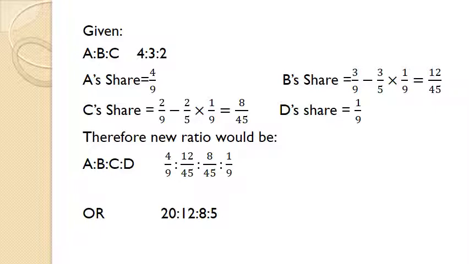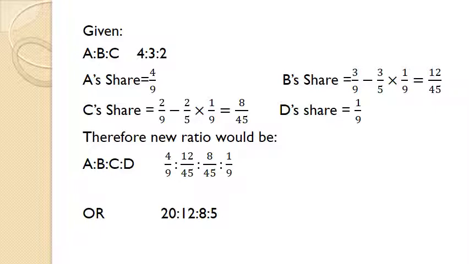As D has 1 by 9 share with itself, the amount of share that B is providing would be 3 by 5 of 1 by 9. So the remaining share after its contribution to D's share, we can calculate by subtracting 3 by 5 of 1 by 9 from the original share of B, that is 3 by 9. So the share of B after its contribution is 12 upon 45.